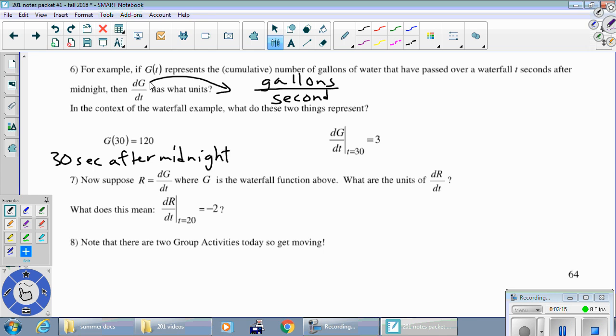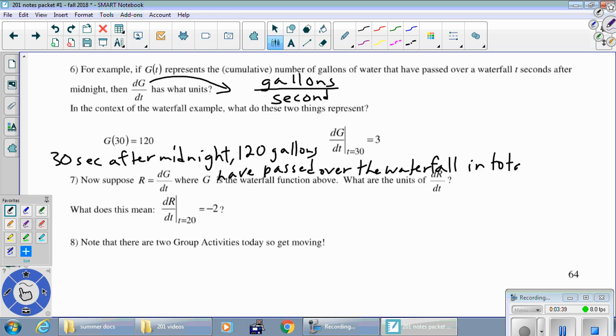And then that 120 is a value of g, which is a cumulative number of gallons of water that have passed over the waterfall. 30 seconds after midnight, 120 gallons have passed over the waterfall, and that's in total. So over the course of those 30 seconds, 120 gallons of water have passed over the waterfall.